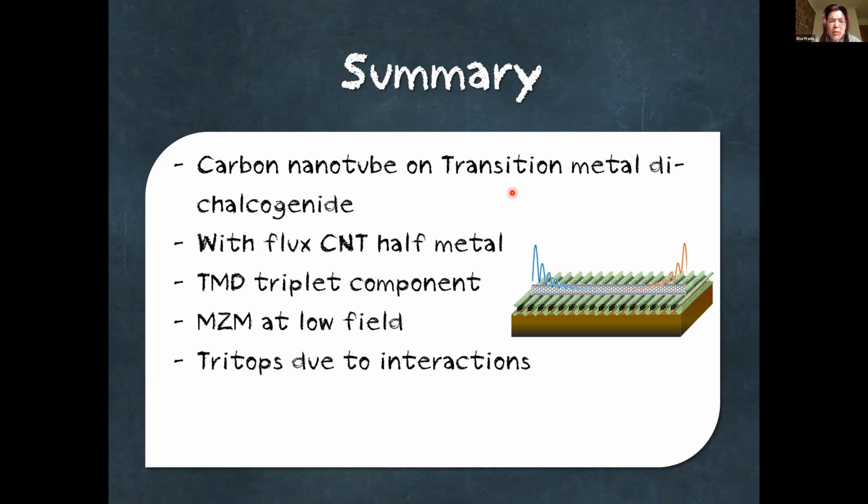Okay, and I have one question. Yuval, do you think you could also have in this system the problem of quasi-Majoranas? Of course, you mean the quantum dot at the end and all that question.